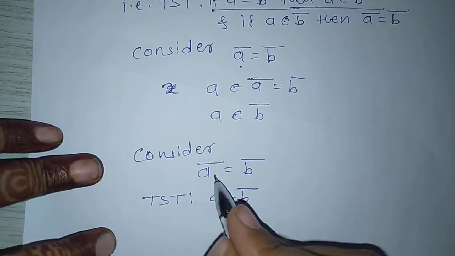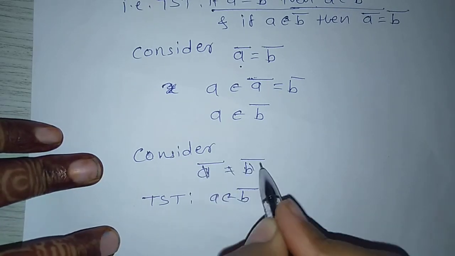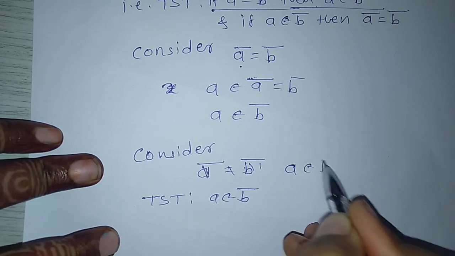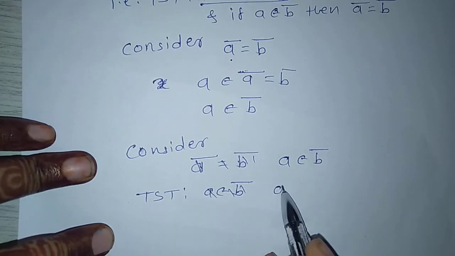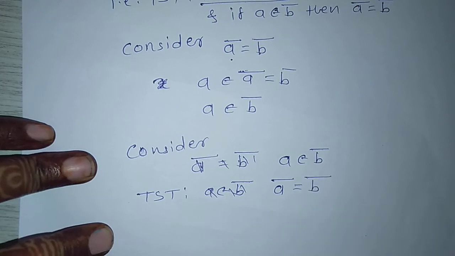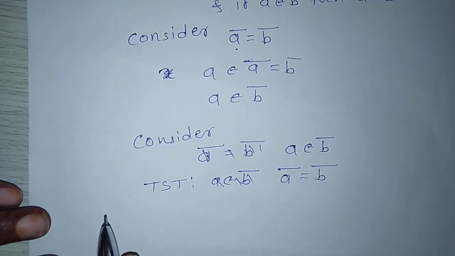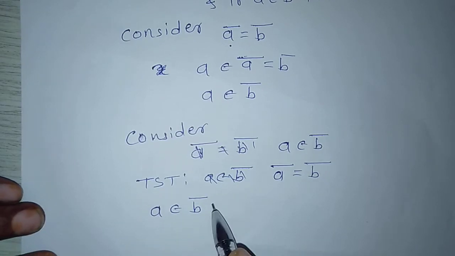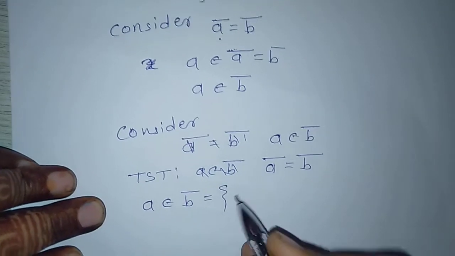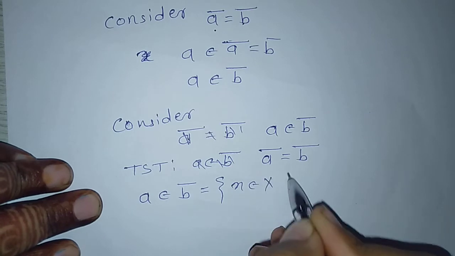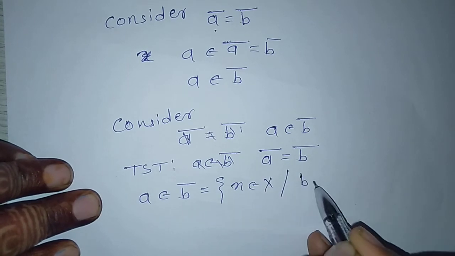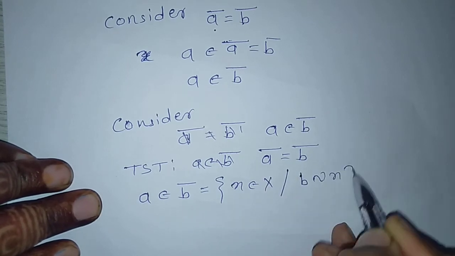Sorry, not A bar equal to B bar. Consider A belongs to B bar, show that A bar equal to B bar. A belongs to B bar means B bar is the set of elements x belonging to X such that B relates to x.